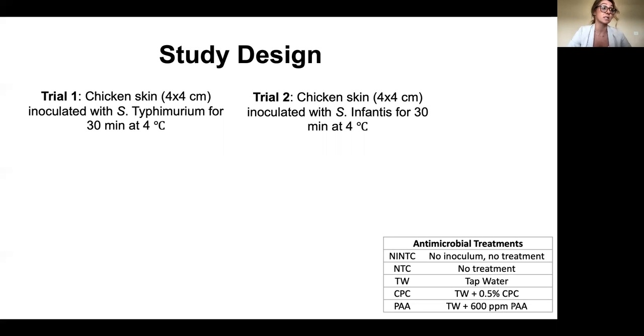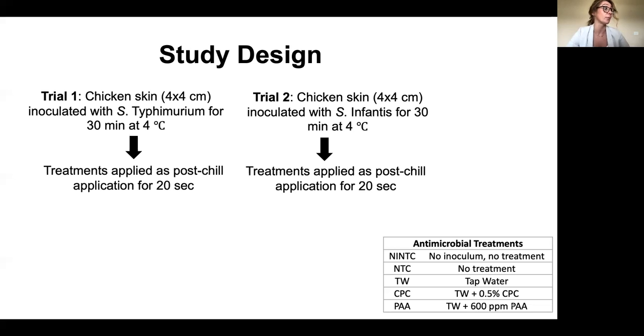Then the chicken skins were inoculated with the appropriate reservoir at 4 degrees Celsius for 30 minutes in flasks and stirred on stir plates. Skins were then shaken using sterile forceps for 30 seconds to remove any excess fluid, and any remaining bacteria were considered firmly attached. So there were a total of 5 treatments.